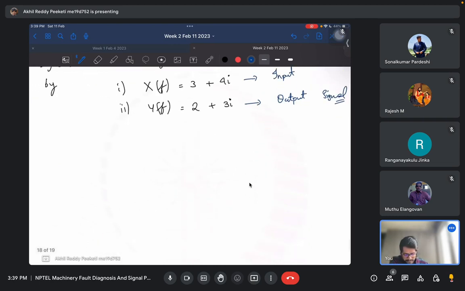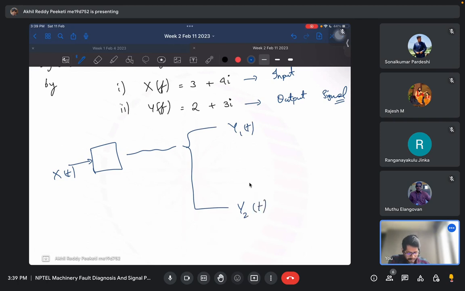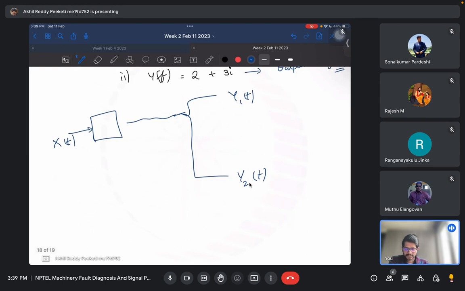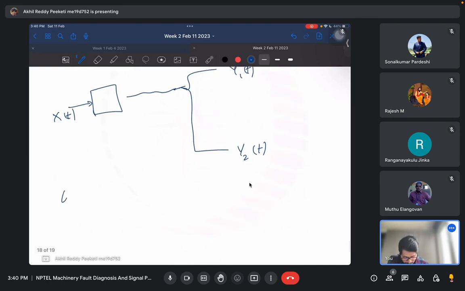So let's say you are giving some signal x of t, and for the full system, there are two outputs, y1(t) and y2(t). Now this coherence function can tell you how much these x and y are related or correlated to each other. So let's see how this coherence function can be estimated.